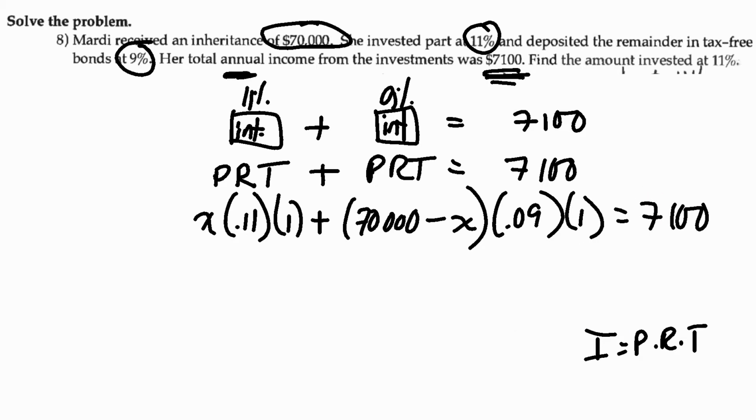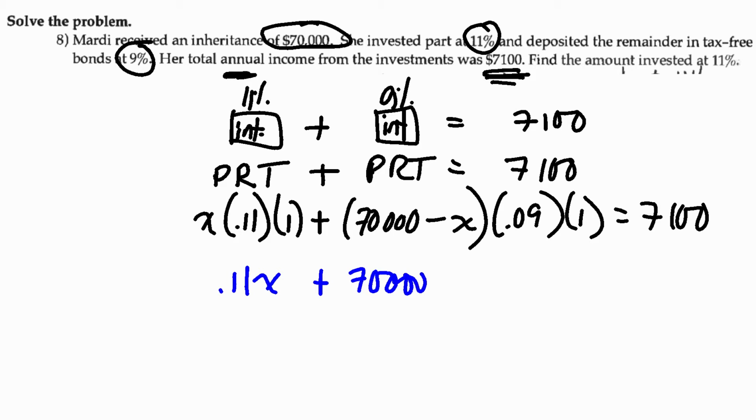Okay, so if I simplify this, this will be 0.11x. If I simplify this, this will be (70,000 minus x) times 0.09, is equal to 7,100. Now I should distribute this across there.